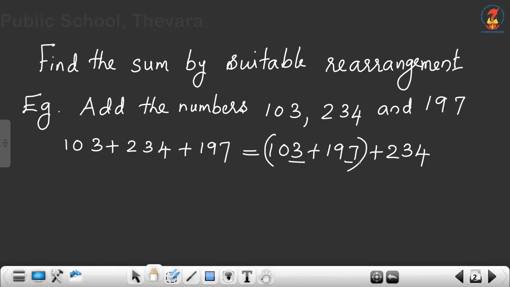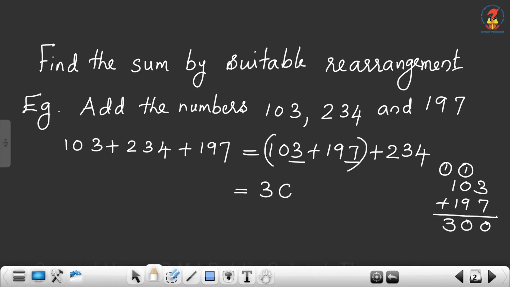Now when we add the last digits of 103 and 197, 3 plus 7 equals 10. 7 plus 3 equals 10, carry over 1, 9 plus 1 is 10, again carry over 1, 1 plus 1 is 2, 2 plus 1 equals 3. So here you will get 300, 300 plus 234. Now we can easily add it.